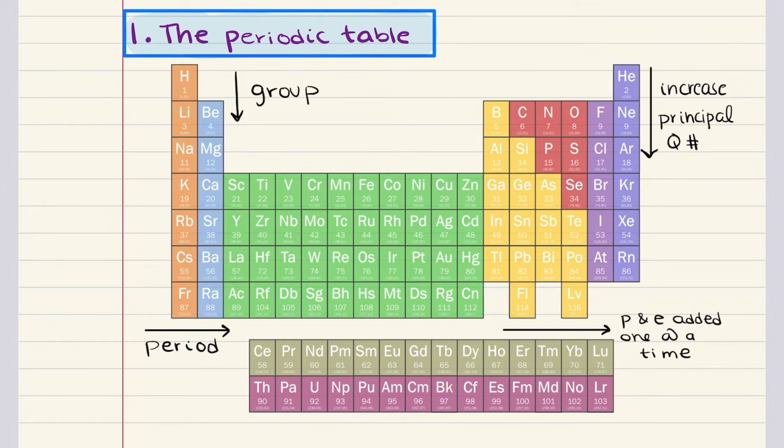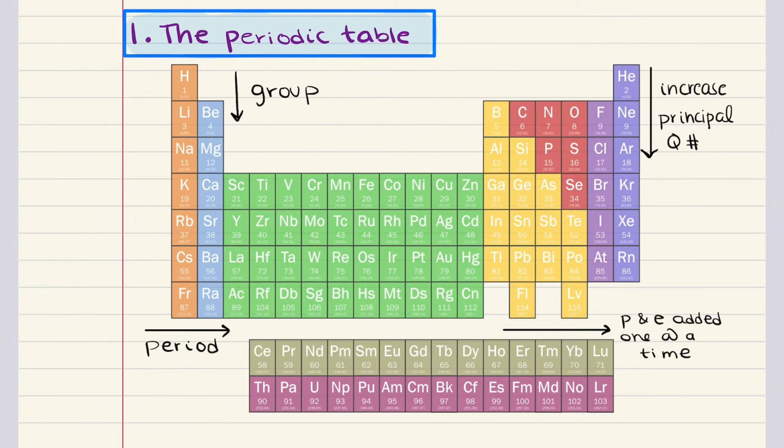Since then, the periodic table has undergone significant revisions, especially in the early 20th century. This was done by Henry Moseley, who discovered that the properties of elements are actually better correlated with their atomic number, the number of protons in an element's nucleus, rather than atomic weight like Mendeleev used.